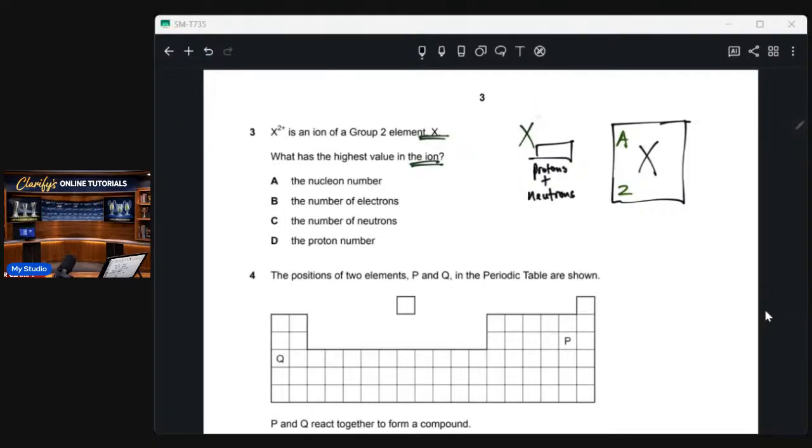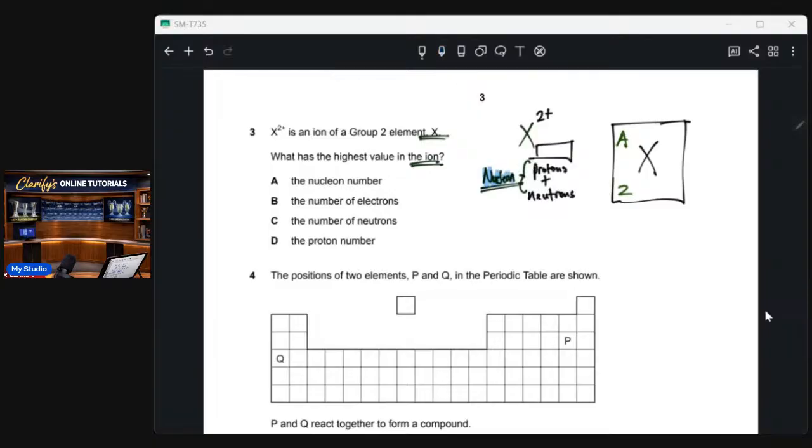But this one, which is now 2 plus, is an X2 plus ion from a group 2 element. And what they want to find is the highest value that you find on the ion. You'll be looking at what is called the nucleon number, the one at the bottom. It is found by adding the things found in the nucleus.